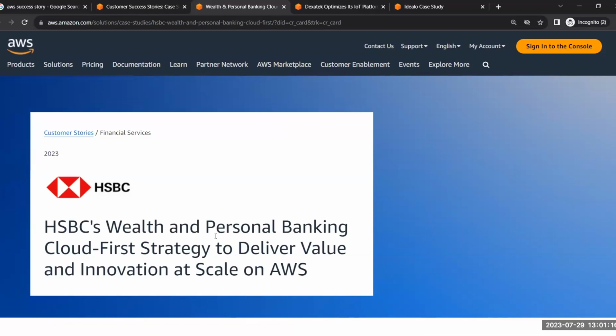Whenever I am purchasing, the money is debited from that particular credit card that I have saved. So the application has to save the user credentials. They have to save the credit card details.